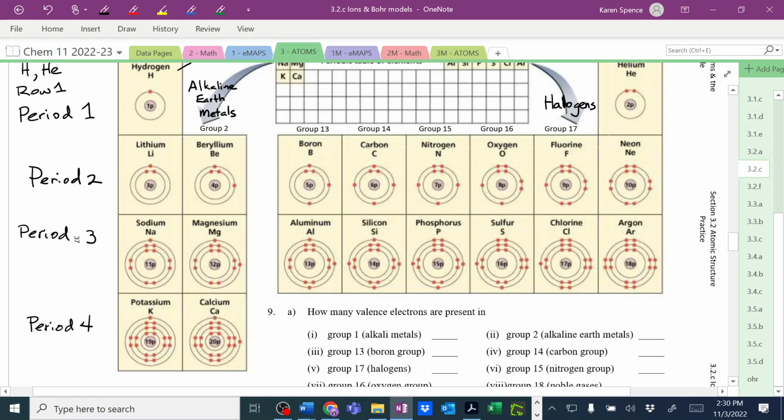Group 13 has 3 valence electrons. Group 14 has 4, 15, 16, 17, 18, 0, because it's closed, it's full. So it has 0 valence electrons, okay? All right.